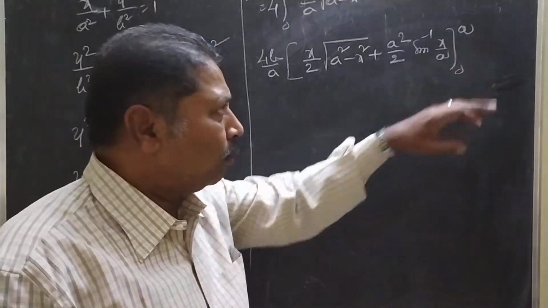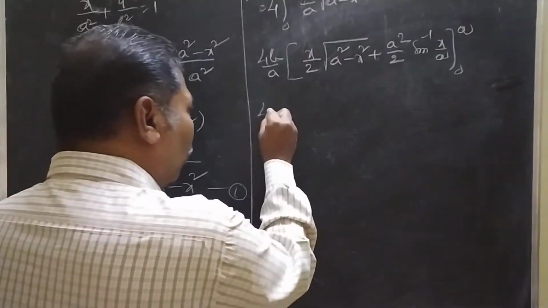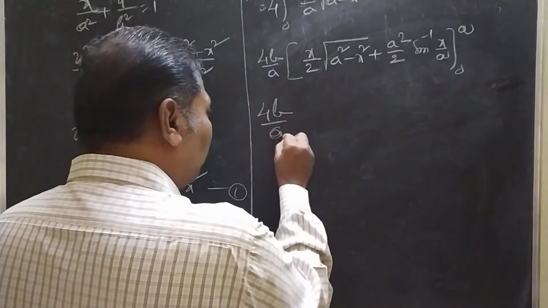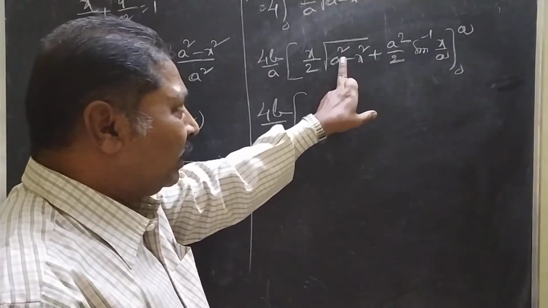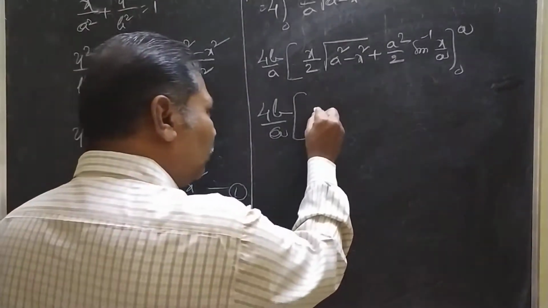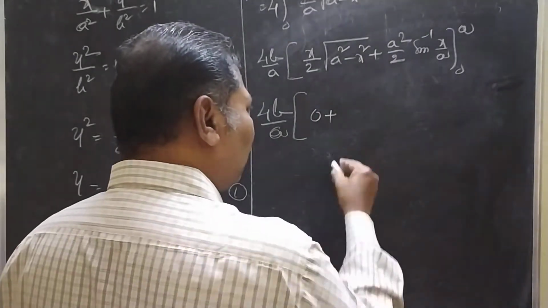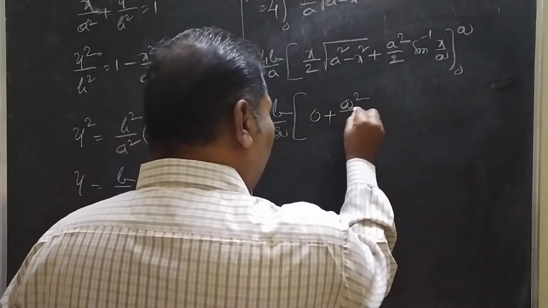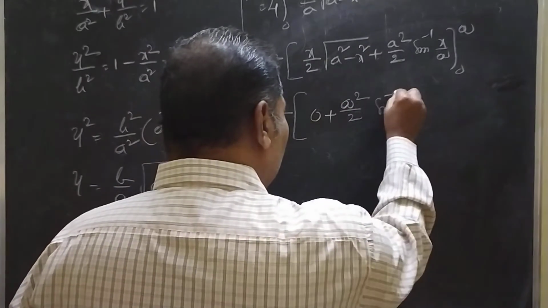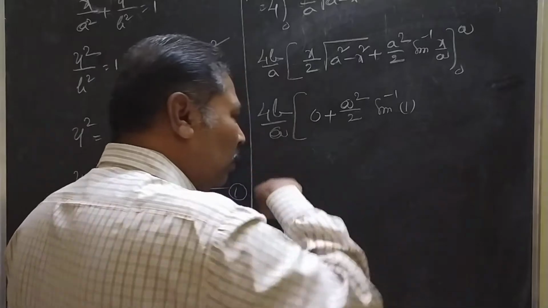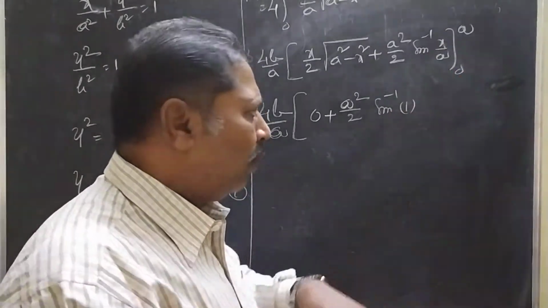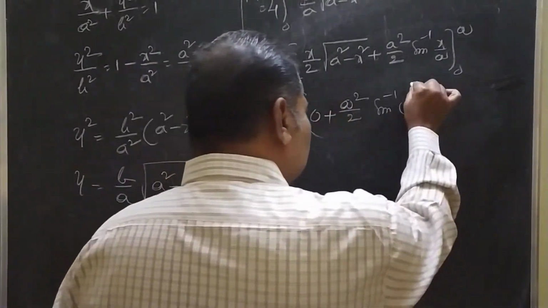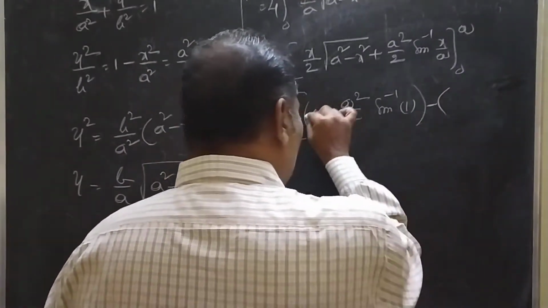Substitute a value: 4b by a, into a square minus a square, 0, plus a square by 2 sin inverse a by a, value 1. This is the value of the upper limit.